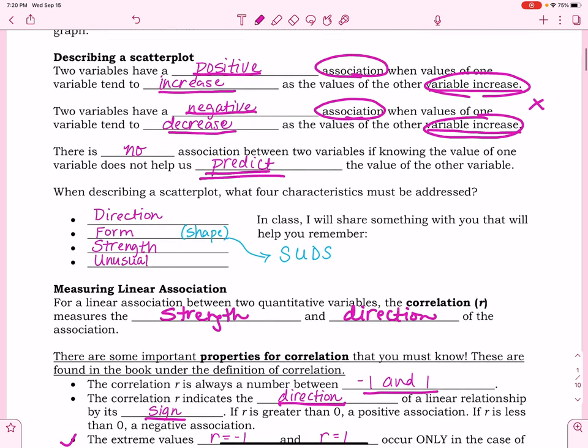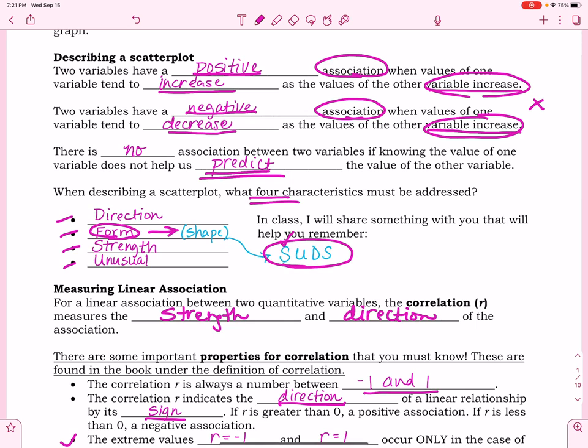All right, so when we describe a scatter plot, much like we described histograms and dot plots and other quantitative graphs in Unit 1, there are 4 characteristics we want to address every time. And they are direction, form, strength, and unusual features. Another word you can use for form is shape. Your book uses form, so I use shape because then it allows me to come up with a cute little acronym that will help me remember everything I need to talk about.